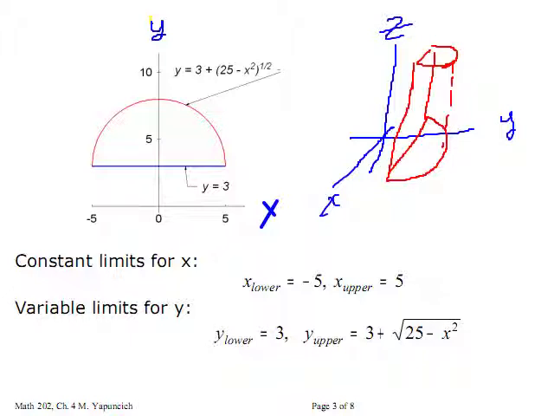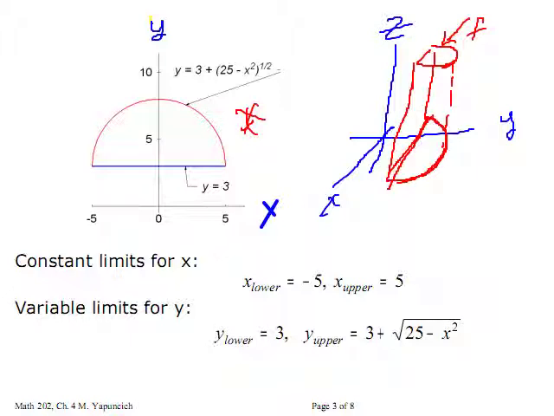This is what I'm trying to take the volume over. This height here is the value of the function, and the base is described by this situation over here. X is going from -5 to 5, and y is tracing out this semicircle.